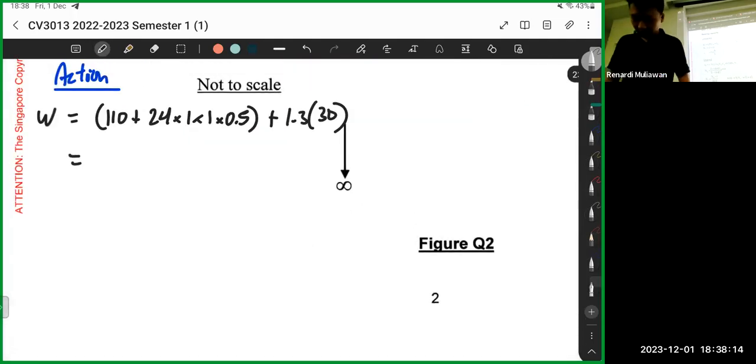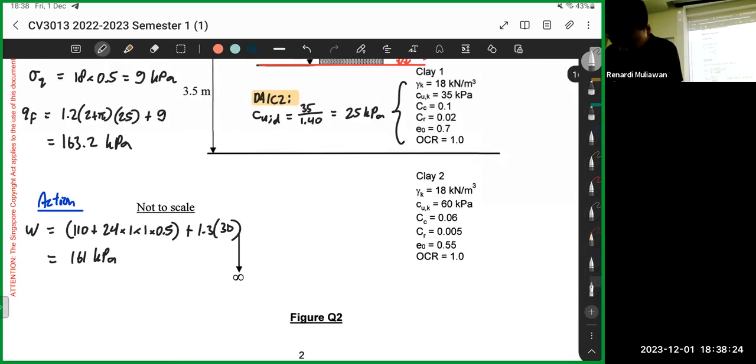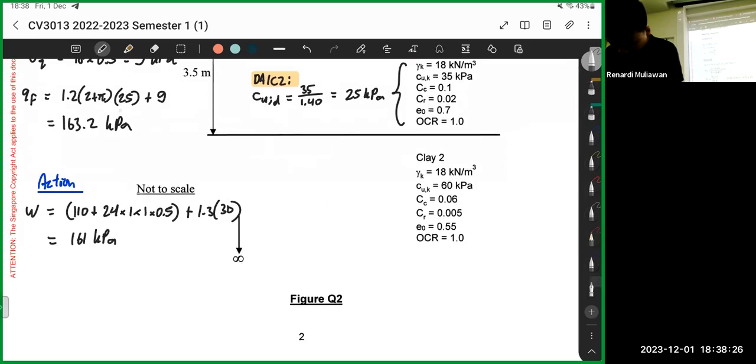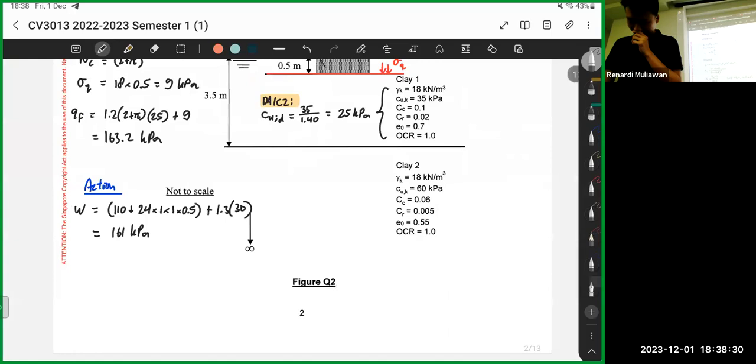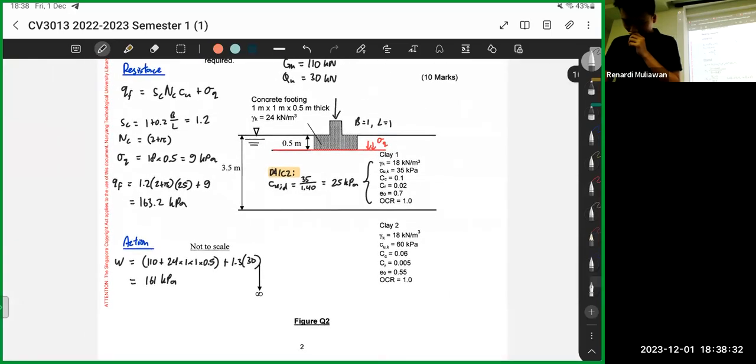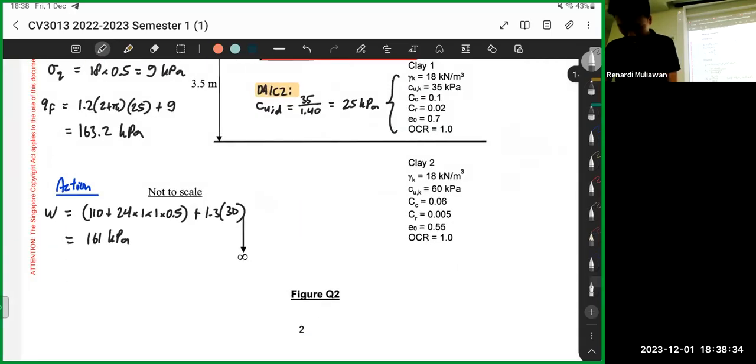So in this case, your action is 161, right? Kilopascals. Oh, this one is barely okay. So something like this. Okay.